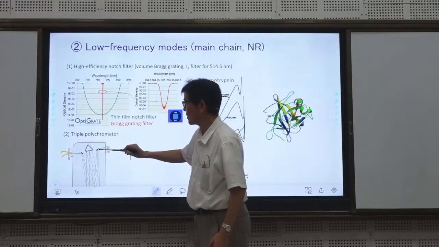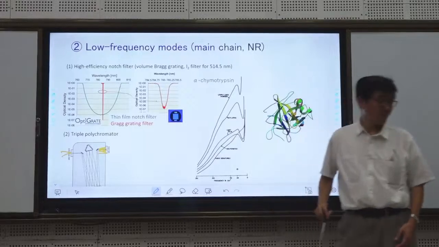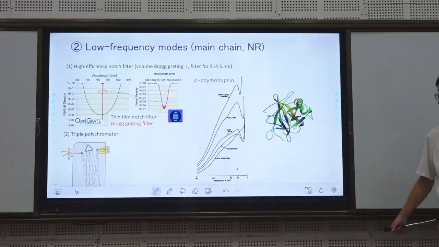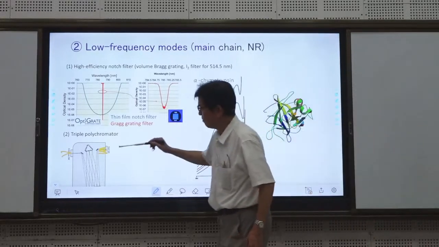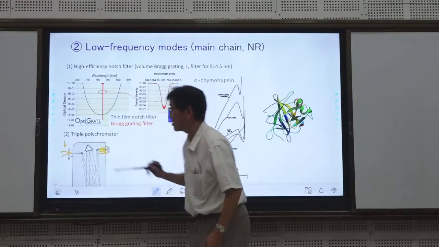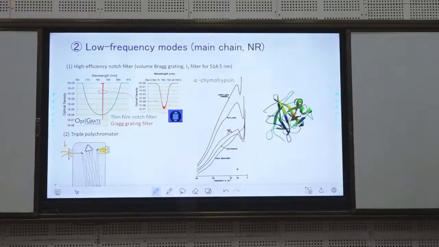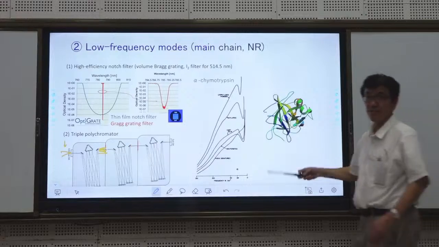So different wavelengths propagate at different positions. And in order to cut the Rayleigh line, usually we put a filter at this position. But we can use the monochromator in this way.